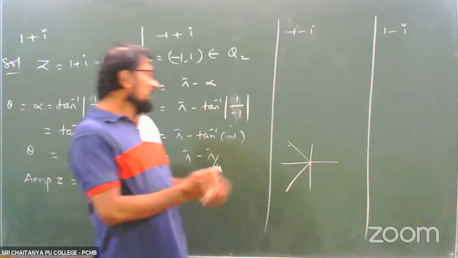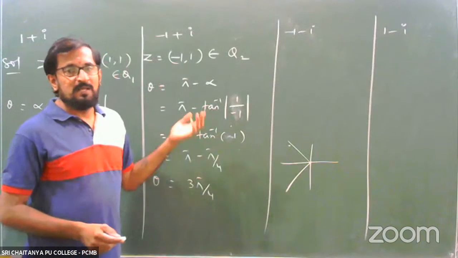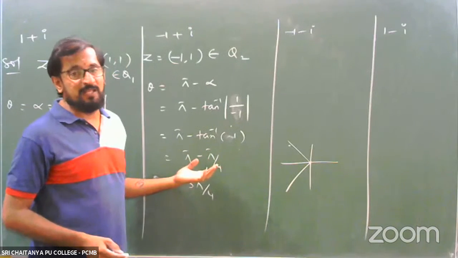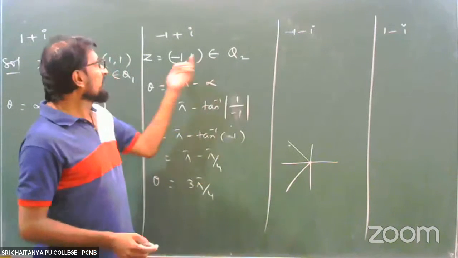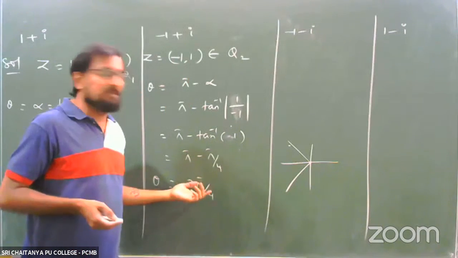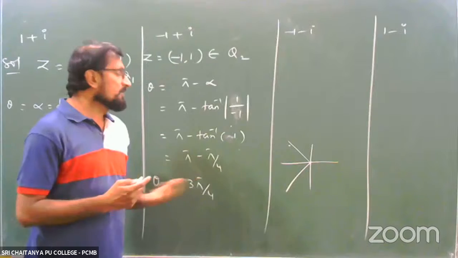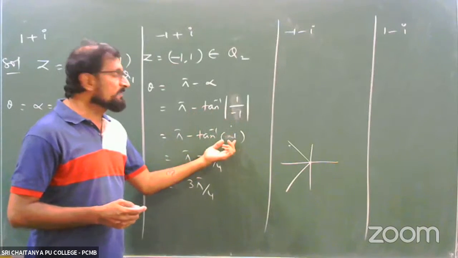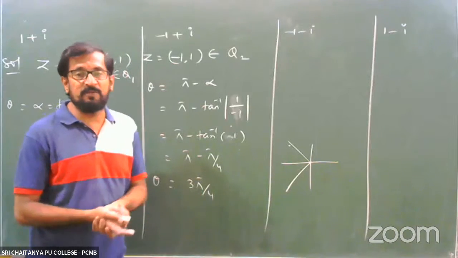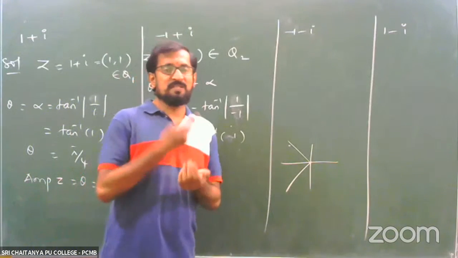So if you won't take modulus here, it becomes pi plus pi by 4, which is equal to 225 degrees, which is in the third quadrant. The complex number is in the second quadrant, but the angle you are going to get in the third quadrant, that is wrong. Hence, you should take modulus here. It becomes positive. Hence, you are going to get pi minus pi by 4. 3 pi by 4 is a value which is in the second quadrant.